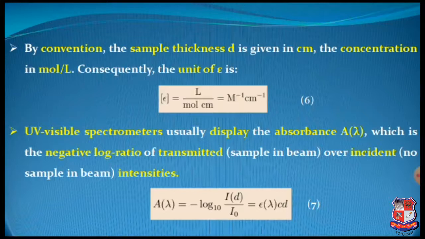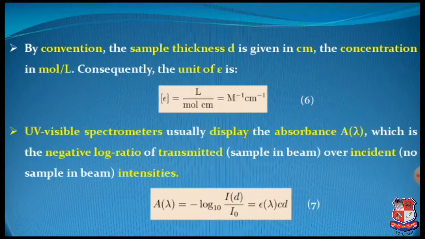So finally the unit of epsilon is molarity inverse into centimeter inverse. Moreover, UV visible spectrometers usually display the absorption, A lambda, which is the negative log ratio of transmitted over incident intensity. The transmitted intensities are for the sample in the beam and the incident intensities are for no sample in the beam.